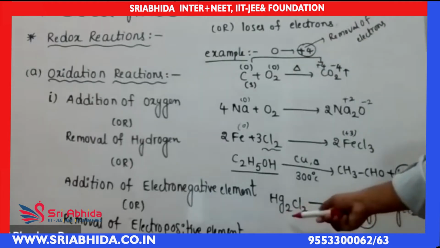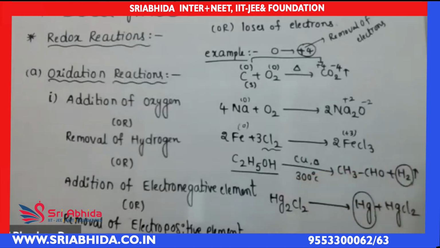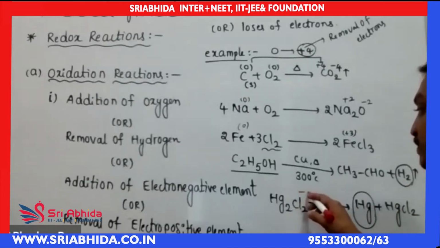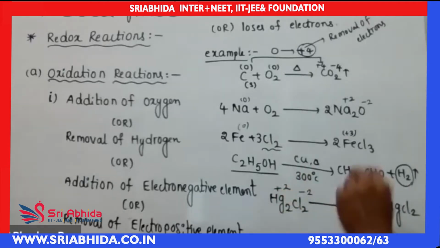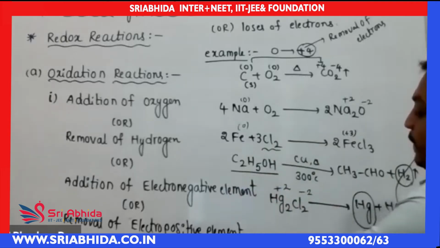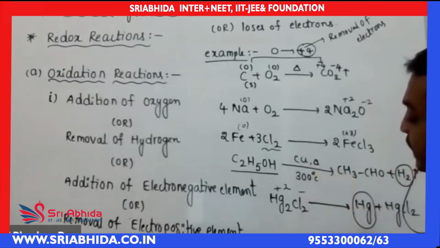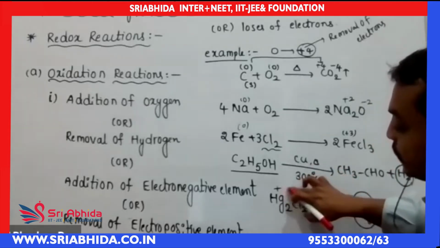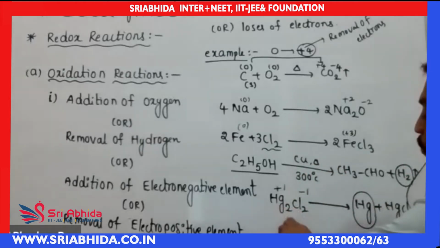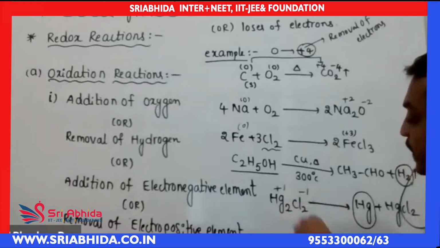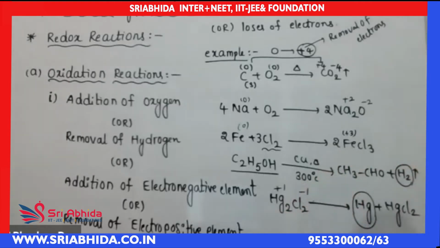So in Hg2Cl2, what is the charge of mercury? Each chlorine is -1, and 2 are present, so -2. Here 2 metal atoms and non-metal atoms are present. Each chlorine is -1, so automatically each mercury has +1 charge. If you cancel the 2, it is HgCl only.